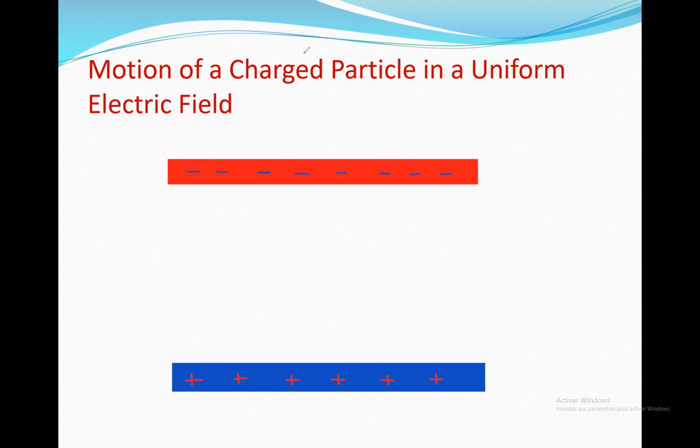The field created between these two plates, you know, the positive will create a field directed outward of the object, and the negative will create a field directed inward to the object. So the field will be out from the positive charge and in to the negative charge, like this.